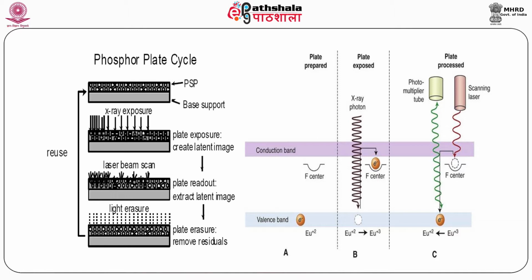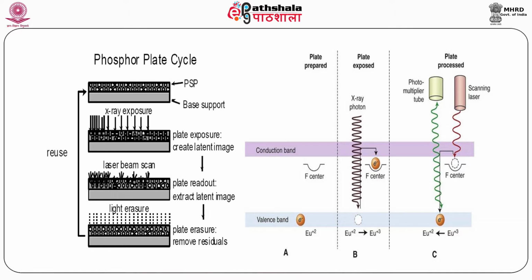First of all, the exposure steps are explained. During the unexposed stage of the IP plate, the electrons are in the lower energy state, that is, in the valence band.